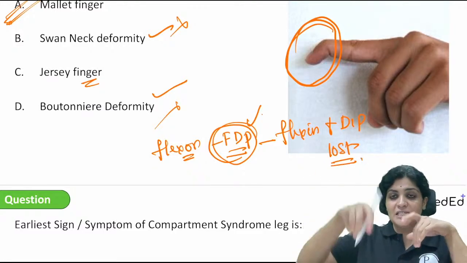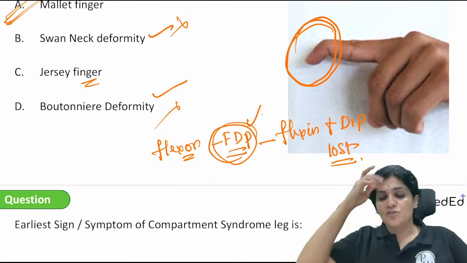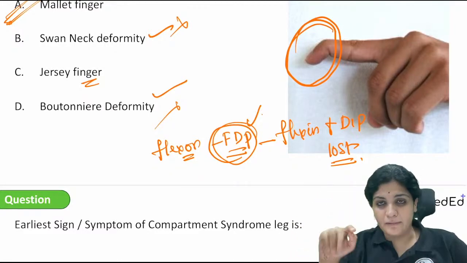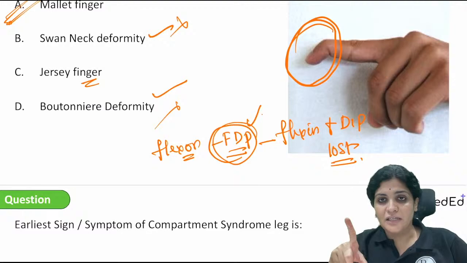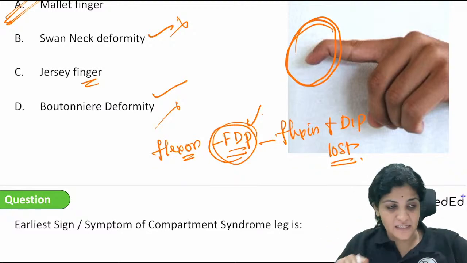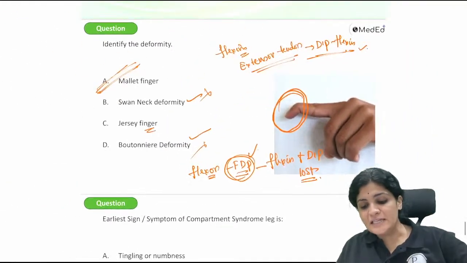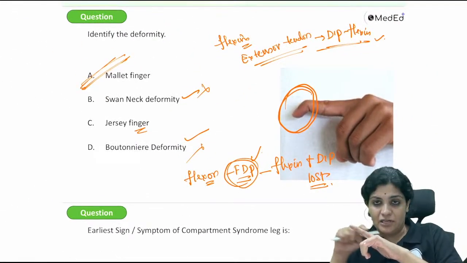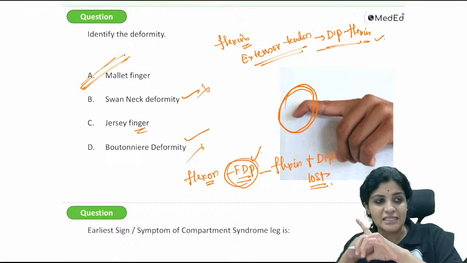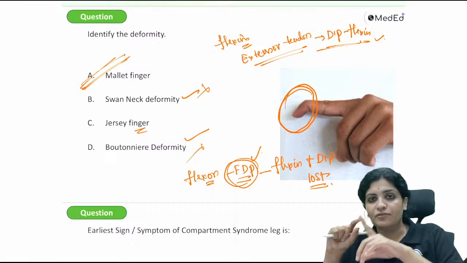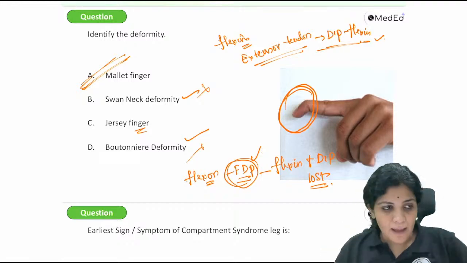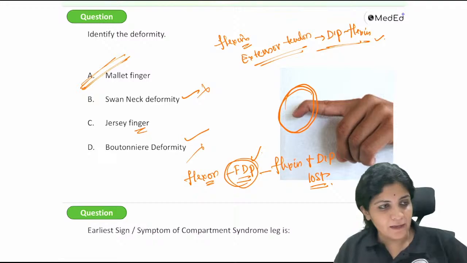They will hold on to the jersey, and because of that they damage the tendon, that is the FDP, flexor digitorum profundus. Hence it's called the jersey finger. And mallet finger is loss of the extensor tendon. So whenever there is damage to the extensor tendon, then there will be flexion of the DIP. The mallet finger. Clear?